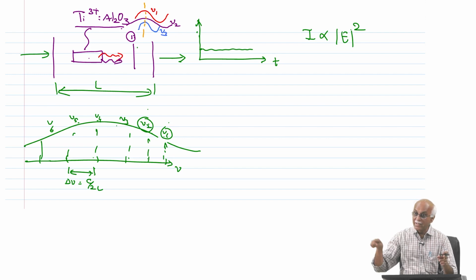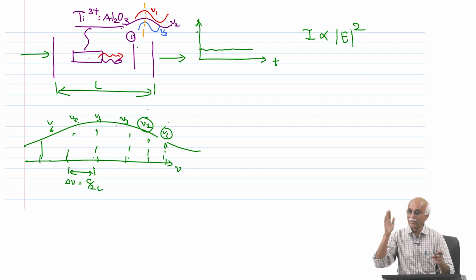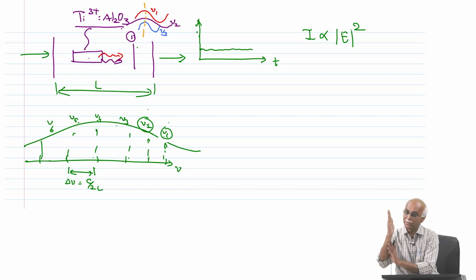So, they will complete one full cycle and come back to the original phase at one round trip. All of them will add up at one position, otherwise there will be different phase.